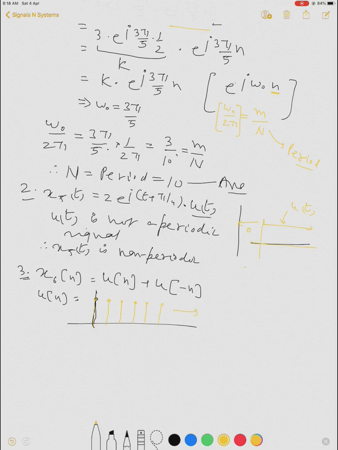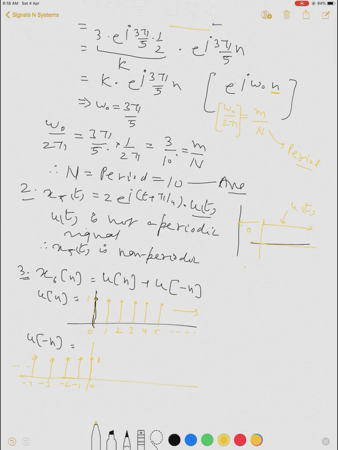Okay, it is discrete, like here it is 0, value is 1 always. Similarly, u of minus n is again amplitude 1, starts with 0, minus 1, minus 2, minus 3, and so on.